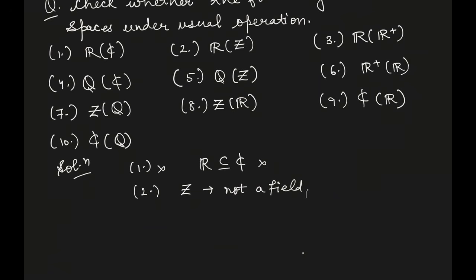Third is real into R plus. R into R plus cannot always be R plus, it can be R minus. But first of all, R plus is not a field, right? Yes, R plus is also not a field, because the additive identity is missing.